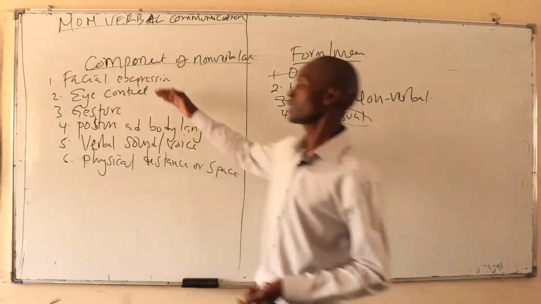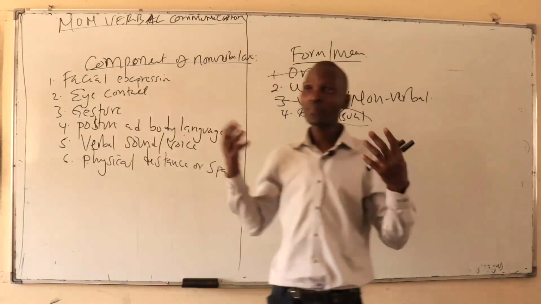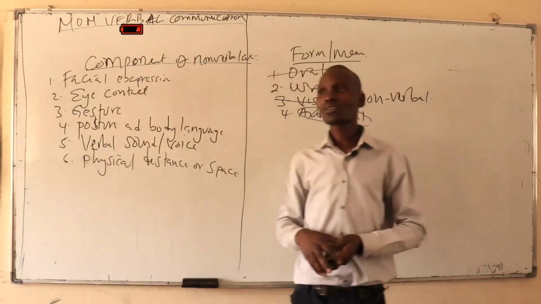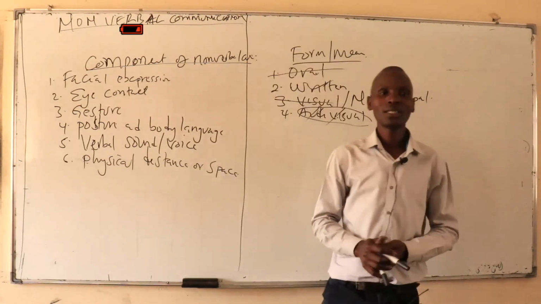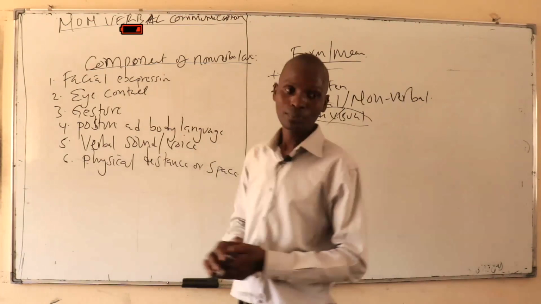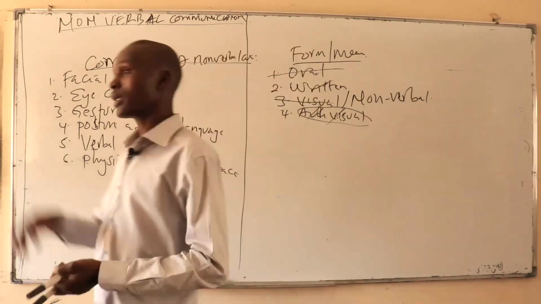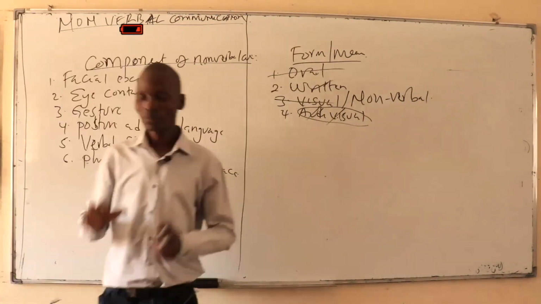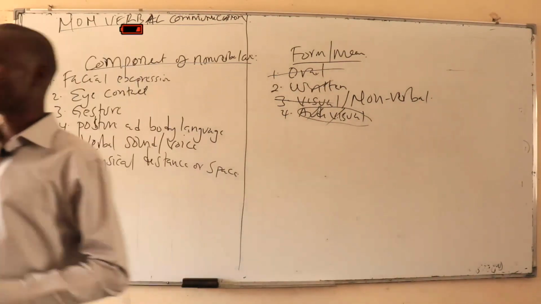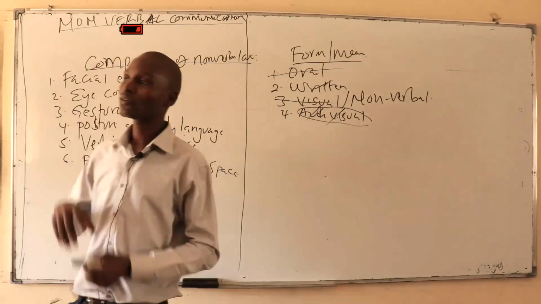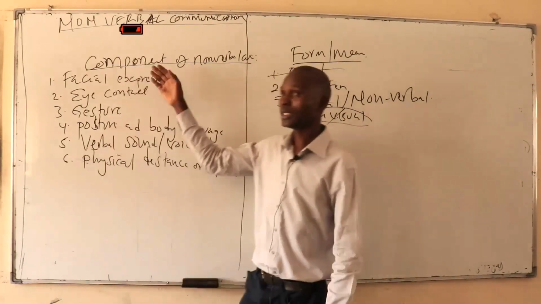If we are talking about facial expression, you can communicate through your face, the way you look at someone. You wake up in the morning, you go to knock on someone's door, and just from the look on their face you will even enter that house. So he or she is communicating through facial expression.